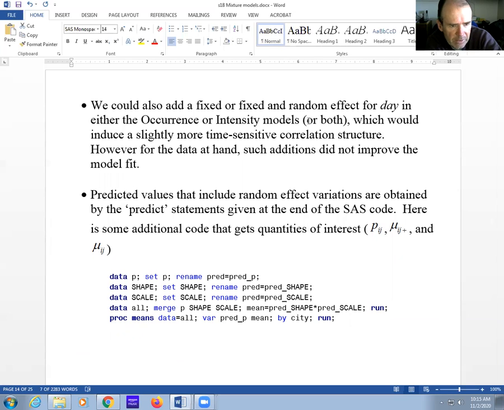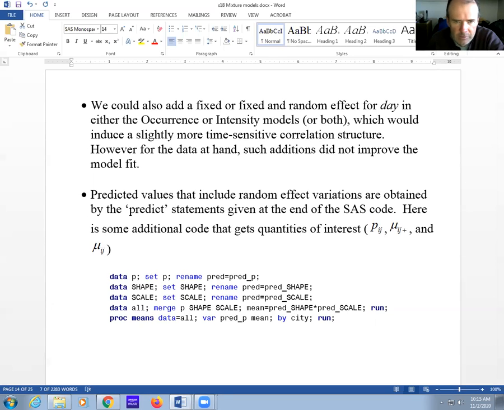Here, I tried to keep it simple. So our mean is going to be the same across days, because I don't have a day term in the model. And we will get city-specific estimates by including the random effect deviations to the overall mean. Okay.